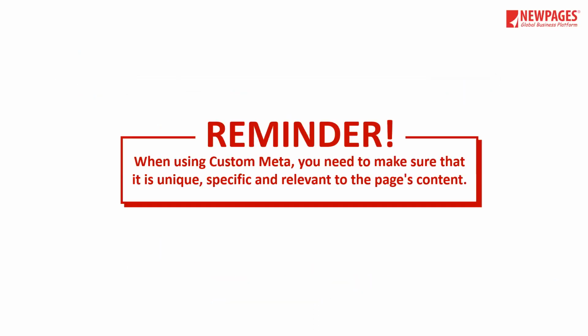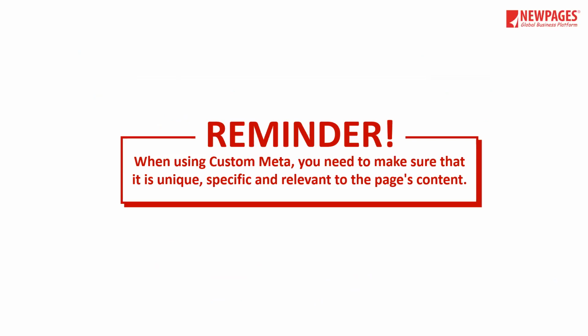When you use custom meta, you need to make sure that it is unique. What do I mean by unique? Unique means this is to avoid duplication, because sometimes your product might have variety.